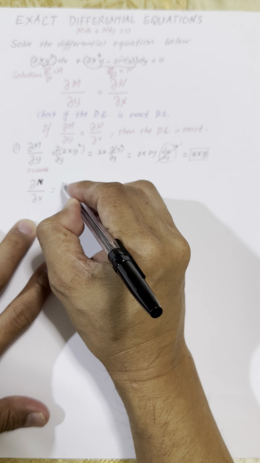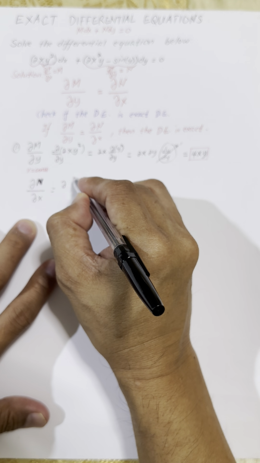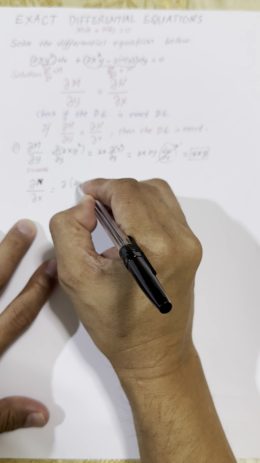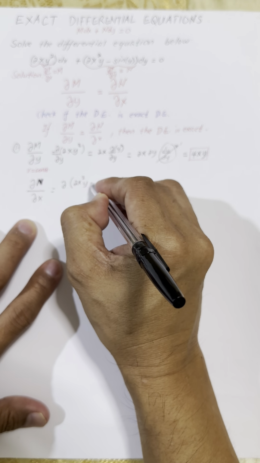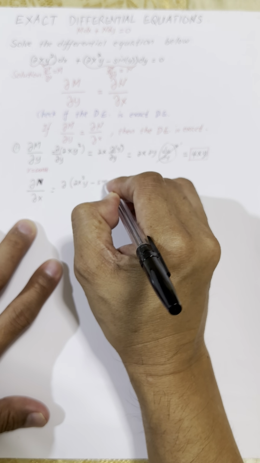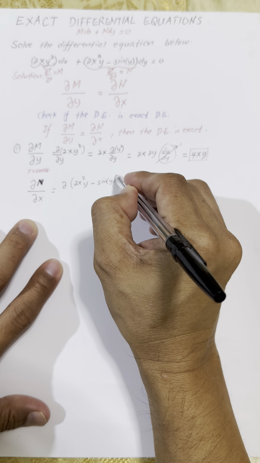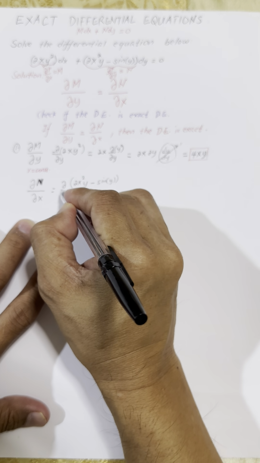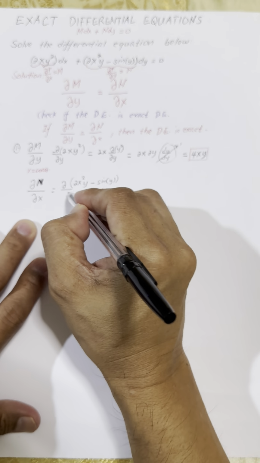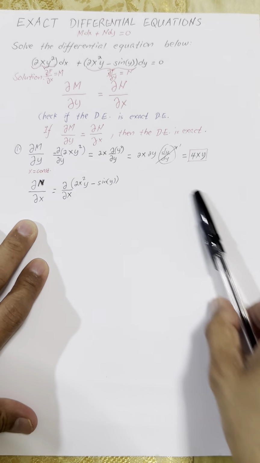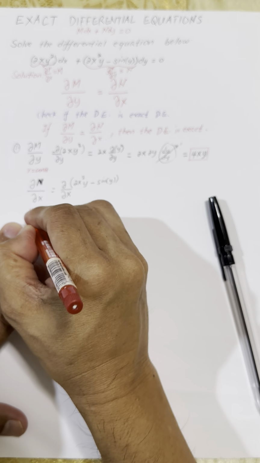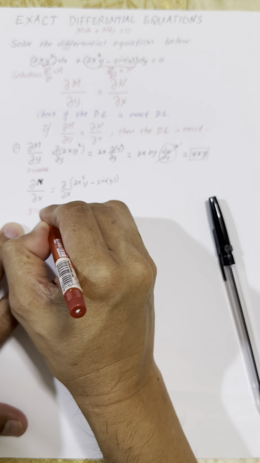Okay, so the partial derivative of our n, which is 2x squared y minus sine y, with respect to x. So if with respect to x, then y is constant.